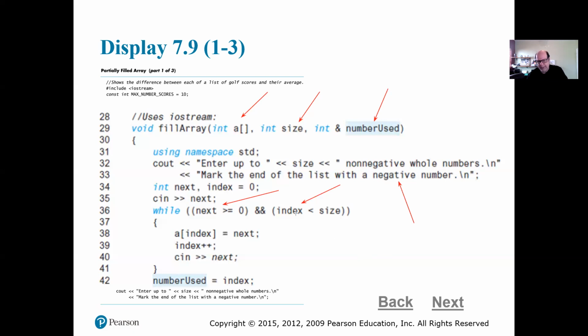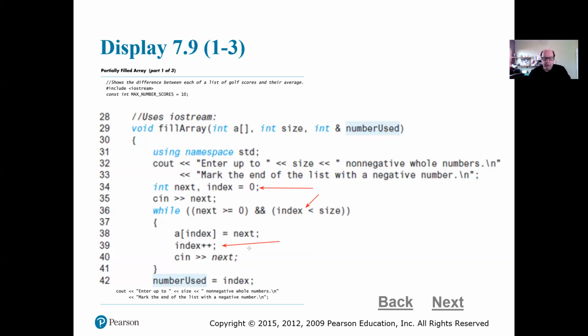One is my index is not going outside of my array, and two is my number is positive. I'm going to start my index with 0, and then I'm going to add 1 to it as I go along. I could put this plus plus right here. It would work the same. If I want to save myself a line, I could say index plus plus less than size. Remember, plus plus is going to happen after we do it. So it would do this comparison, and then it's going to add 1 to it.